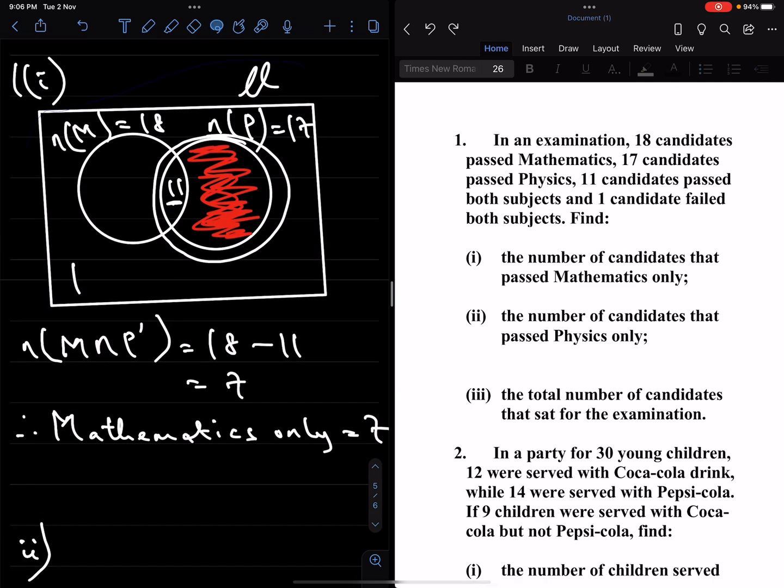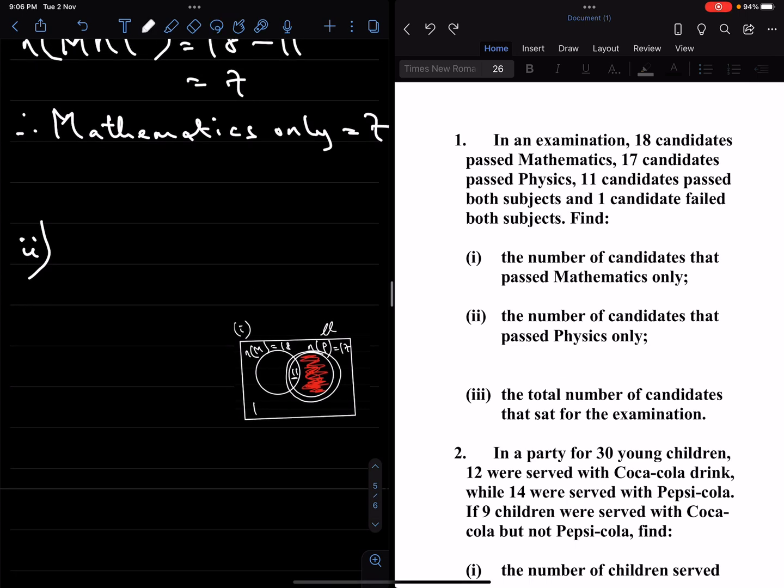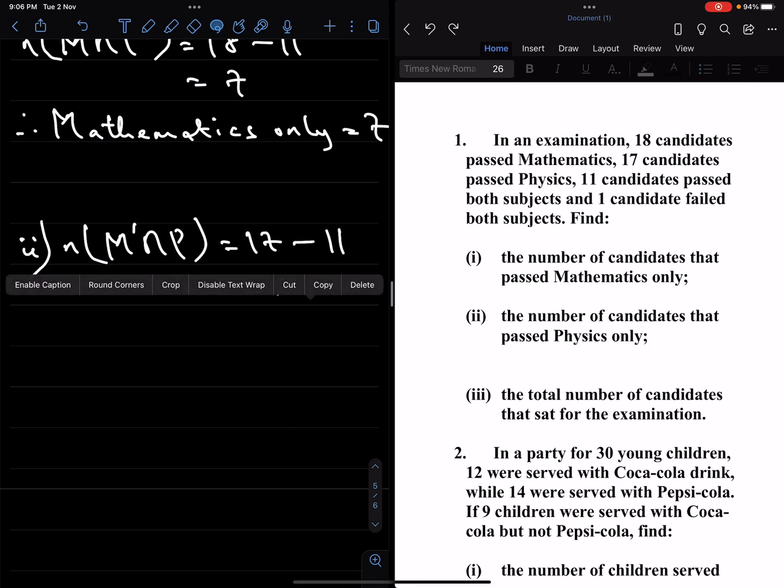You might like to see that as we work it out. That's a tiny image of it. So the number of candidates who pass physics only. If I write that in set notation, this is how I write it. No math means M complement intersection P. That means it's only physics, and that is 17 minus 11, which is 6, which means 6 candidates passed physics only.